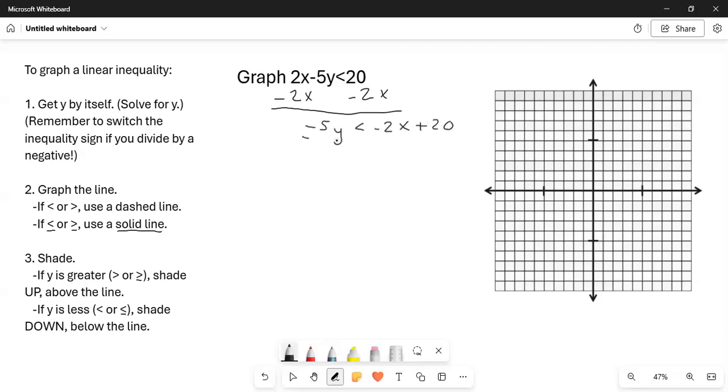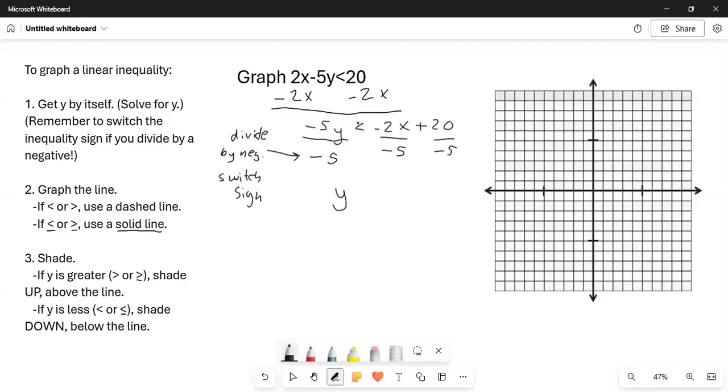To get rid of the negative 5, we're going to divide every term by negative 5, but because we divided by a negative, you have to remember to switch the sign.